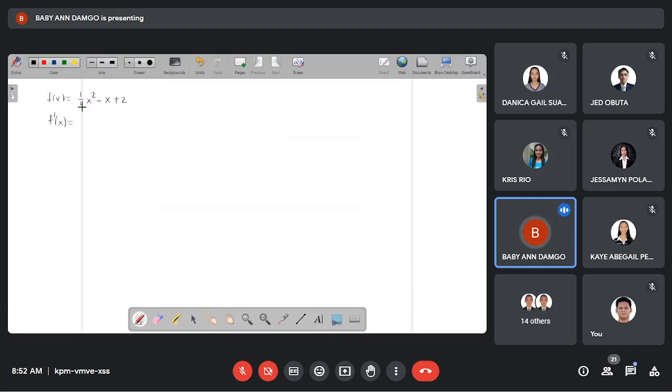We have 1/2 x minus 1. That is 1/4 times 2 times x to the power of 2 minus 1, so 1/2 x to the power of 1. Next, we need to find the critical value.